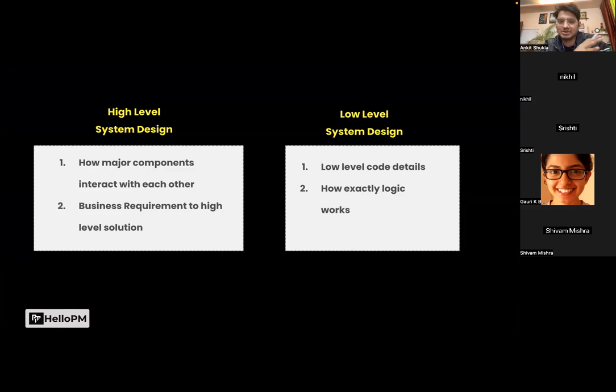They'll not talk about the logic, they'll not talk about the algorithm, but they'll only talk about the overview of how we can go ahead and do this. Second is low level system design. Low level system design is about the exact code level detail. This is the exact logic that people have to implement, and this is mostly left to the software developers alone. But if you are a product manager, only HLD should be enough for you. But if you are a developer out there, both are important for you.